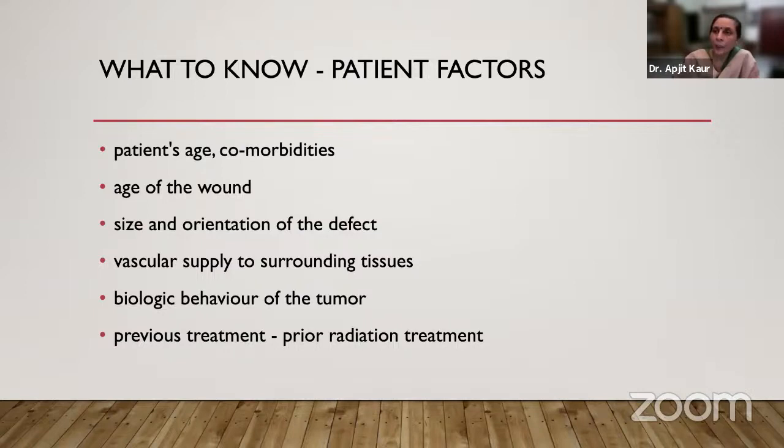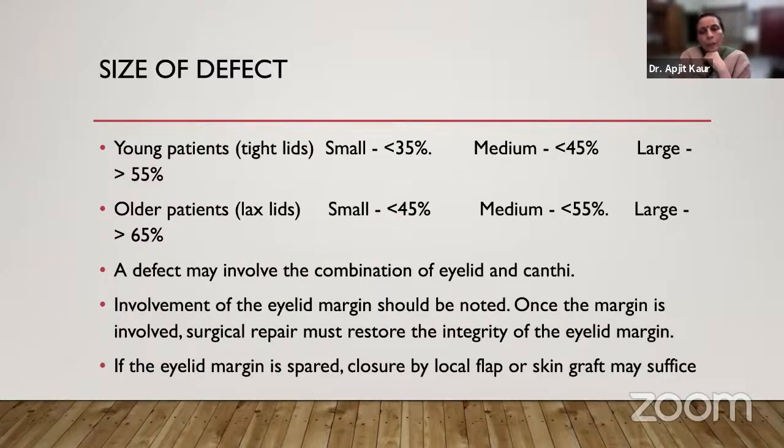And what may appear large in a younger skin may be small for an elderly skin. I'll come to that later. Size and orientation of the defects, the vascular supply to the surrounding tissue, the biological behavior of the tumor, and the previous treatments that have been taken. If any radiation has been done or there is a previous scar, everything is going to impact the outcome of surgery.